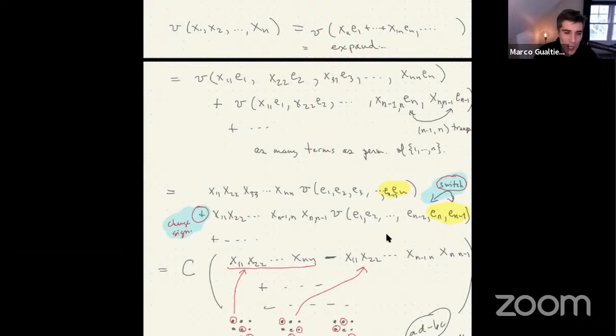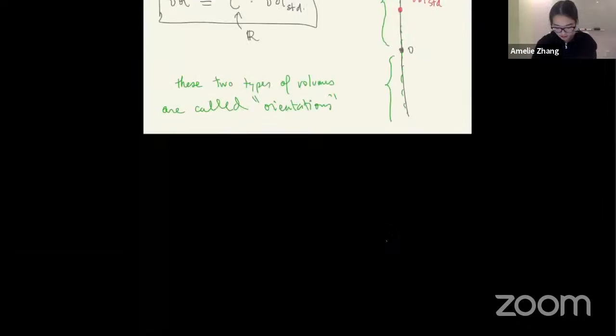Should I just explain the signs, or do you have a more specific question? In this specific example, we're switching only EN and EN minus 1, so we can also switch E1 and E2. That's right, you could make any switches you want. In the beginning I was just confused, but I think I get it, because when you switch, they have opposite signs. Yeah, exactly.